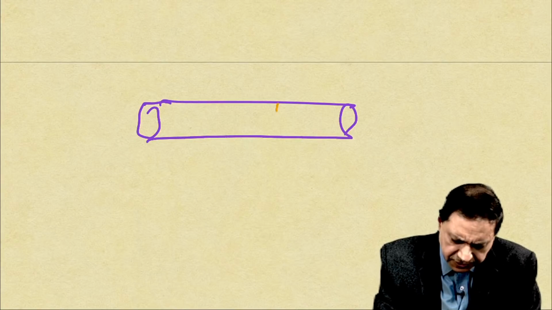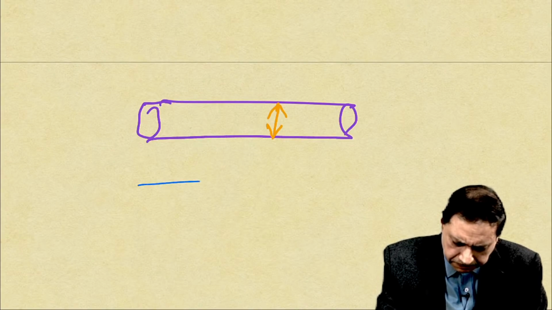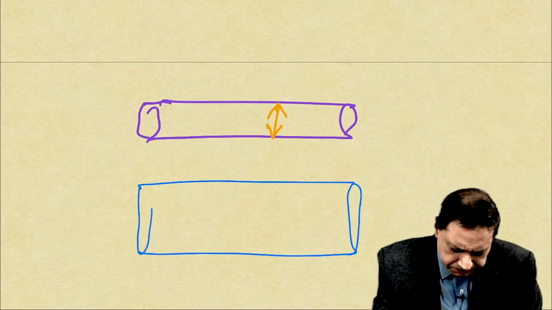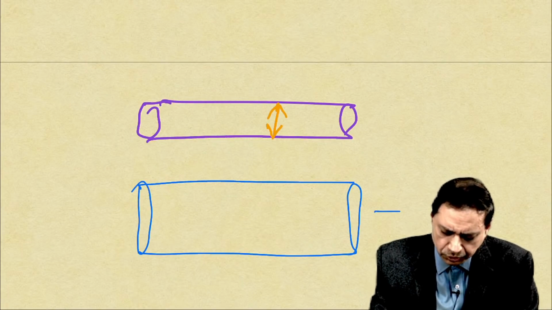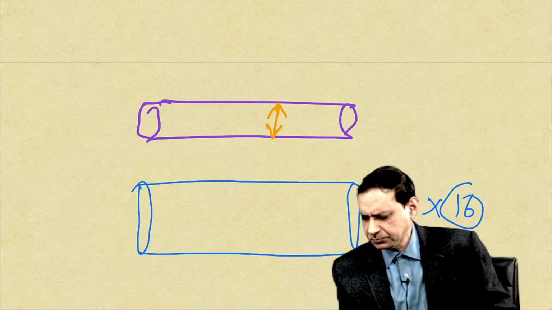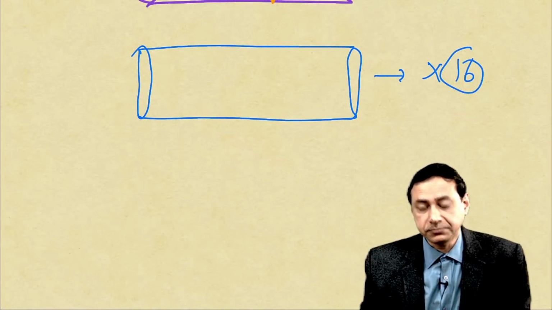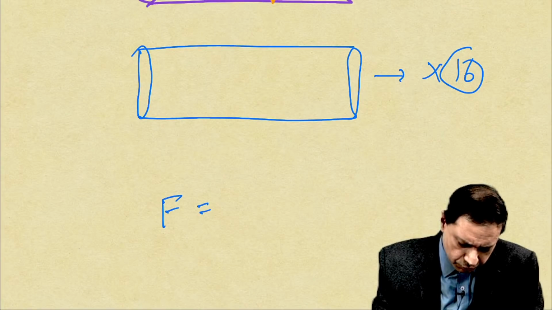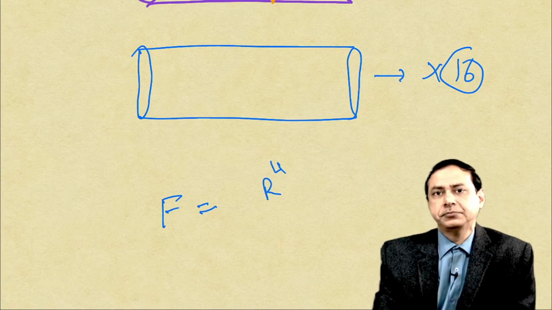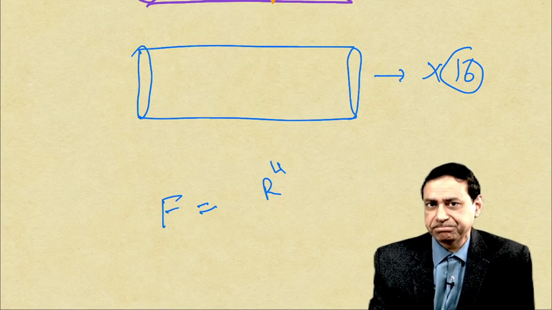If the diameter of this pipe becomes double, the flow will become 16 times. 16 times, raised to the power 4. Flow is proportional to radius raised to the power 4. So 2 into 2 into 2 into 2, 16 times.